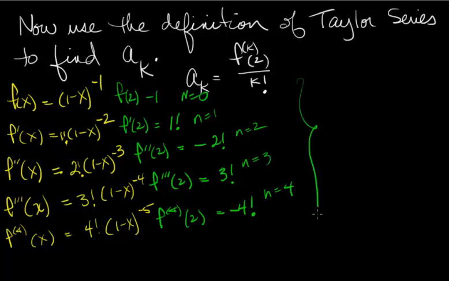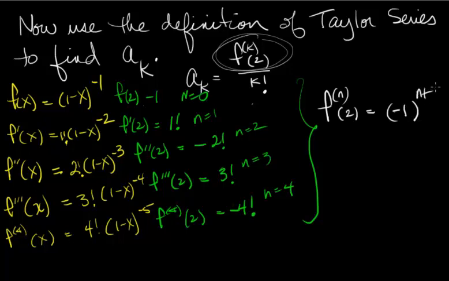So from this, we can get a pattern for the kth derivative at 2 and divide it by k factorial. Alright, so let's see, when n is equal to 0, well, 0 factorial is okay, that's equal to 1. So you look at these and you will see that the nth derivative at 2 is equal to minus 1 to a power, and it's n plus 1, because we want it to be positive when n is odd and negative when n is even.